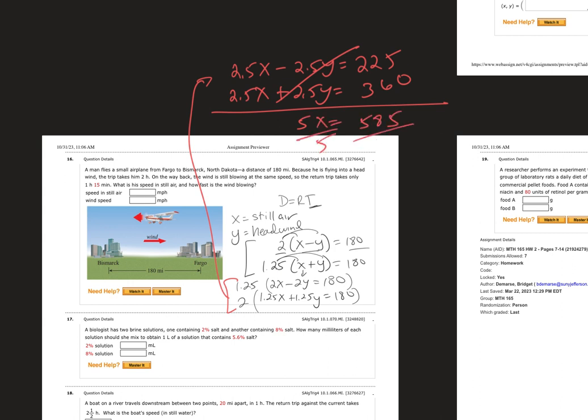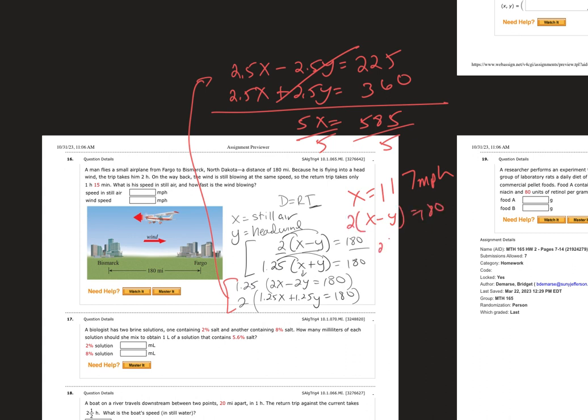If I divide this by 5, x is 117 miles per hour. So that's still air. I would need to plug that into one of my original equations, which was 2 times x minus y equals 180.